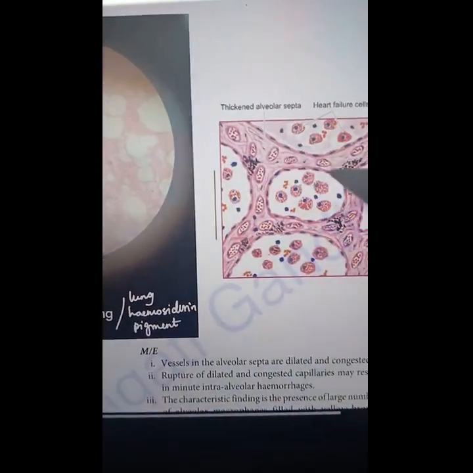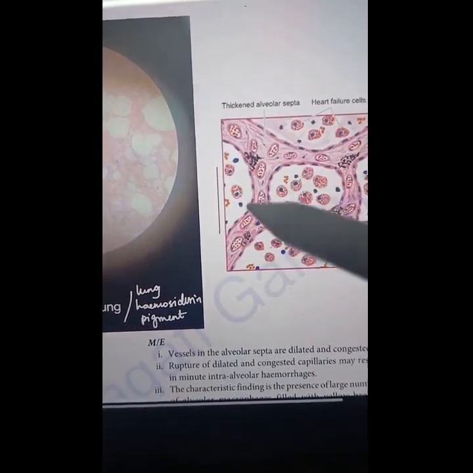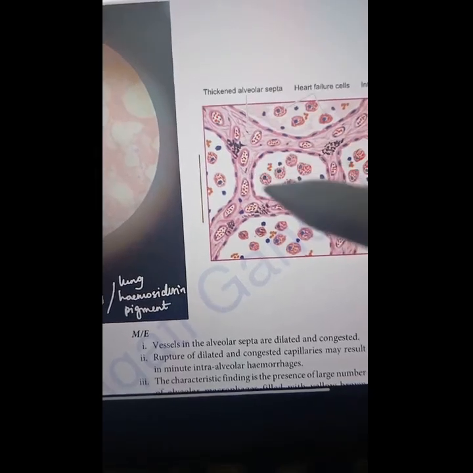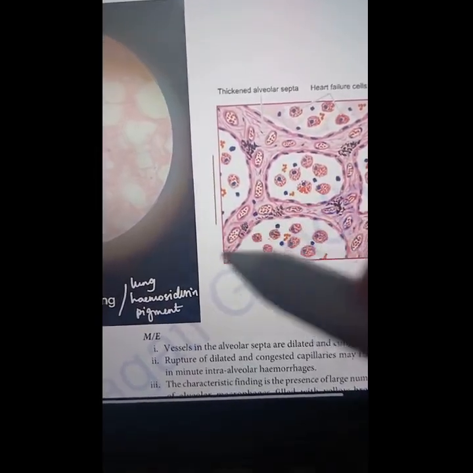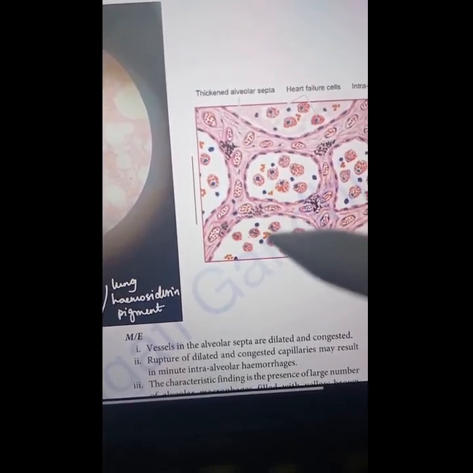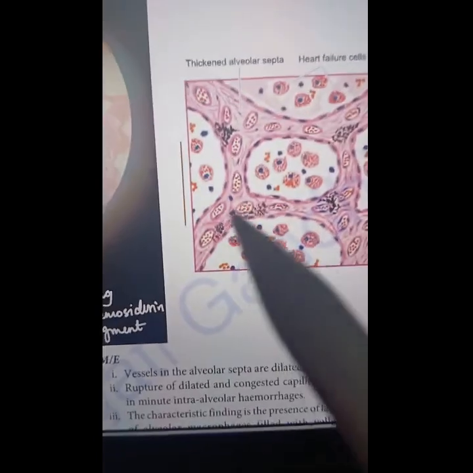So this is the basement membrane of the lung alveoli, and these are the alveolar septa. In this alveolar septa, you will see the migration of lymphocytes which has occurred, and at the same time you see multiple dilated blood vessels, and these dilated blood vessels will rupture and cause release of blood into the alveolar region, which can be seen as dispersed blood, with lymphocytes also in the alveolar septa.